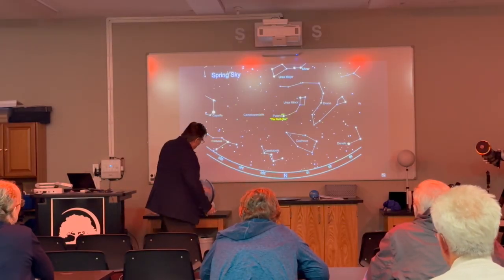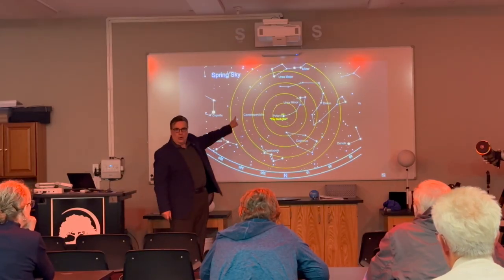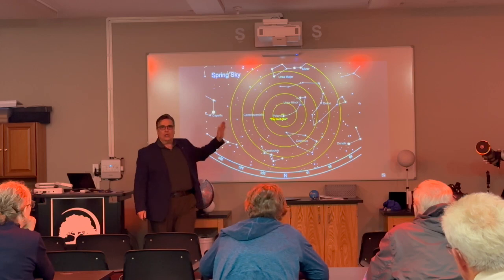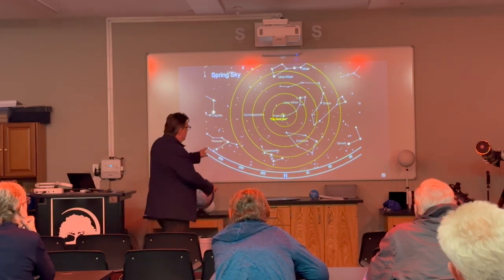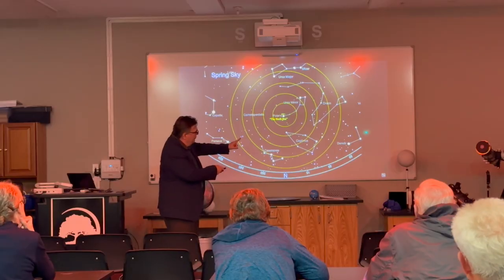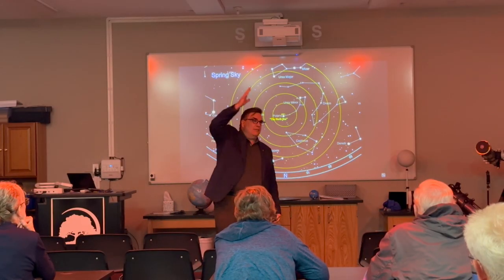And throughout the night, as the Earth rotates on its axis, stars make circles around the North Star, larger and larger and larger circles. Once you get far enough away from the North Star, that circle is so big, the stars rise and set.